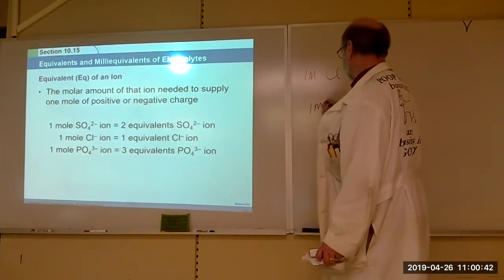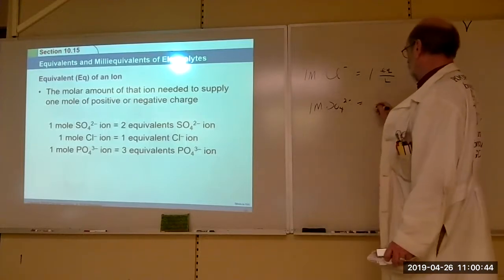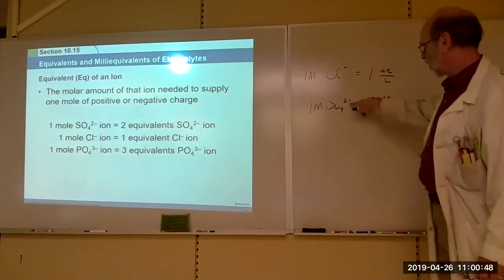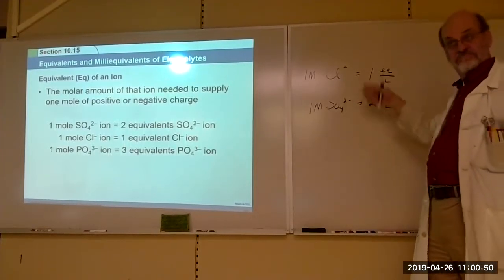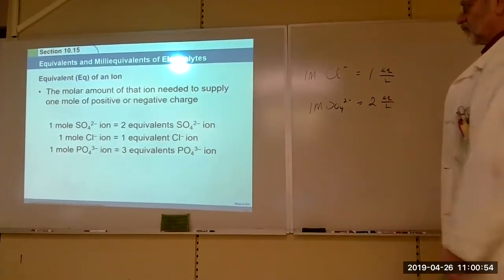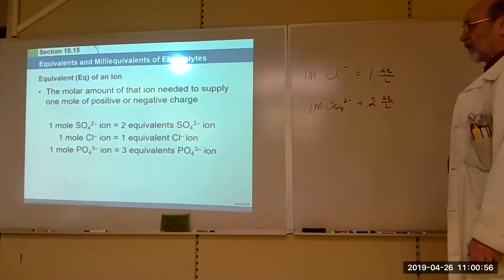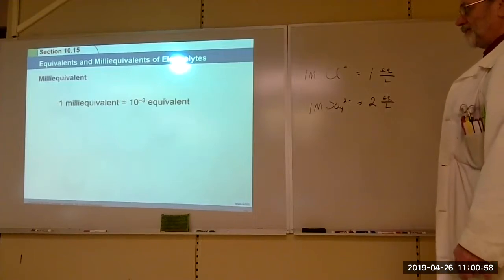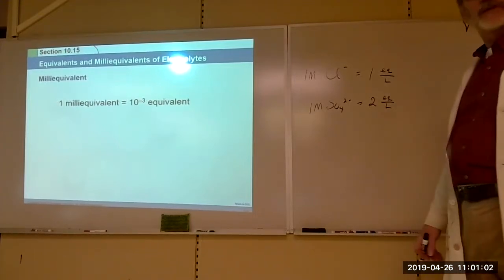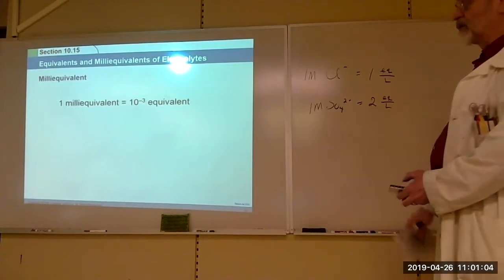If that's also 1 molar, we have 2 equivalents per liter because we have 2 charges. That's all that means. A milliequivalent is just a 1,000th of an equivalent, 10 to the minus third equivalent.